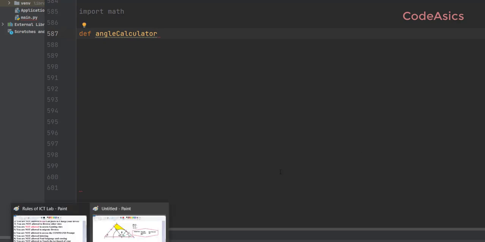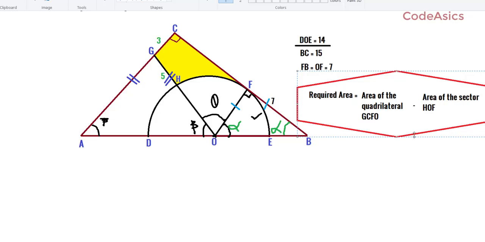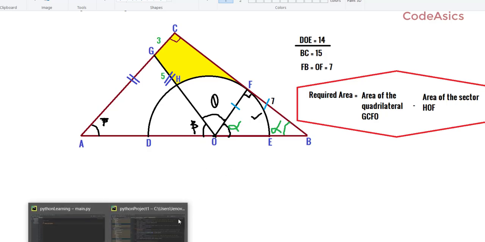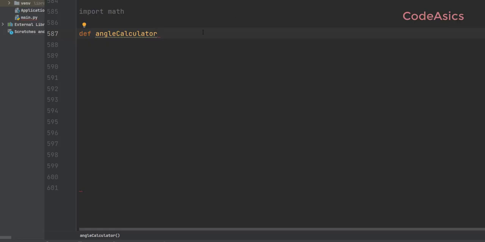I would be calculating this angle, the alpha here. So that would be the code that we will be writing now. So I'm going to take some parameter. I'm creating a function there.